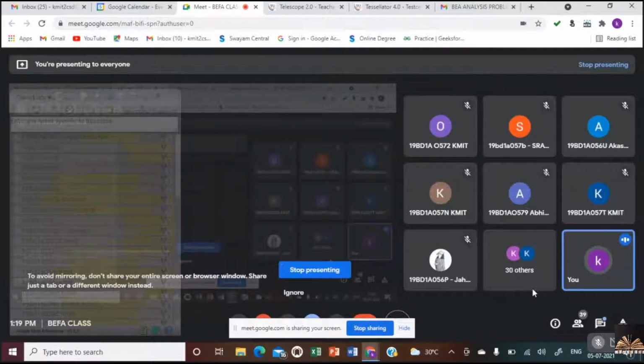Now let us see what would be the break-even point or break-even sales. What is the formula to calculate in volume? Fixed cost by contribution margin per unit. Yeah, fixed cost by contribution margin. Now let us calculate. The fixed cost is 40,000 divided by the contribution margin. What is the contribution margin?